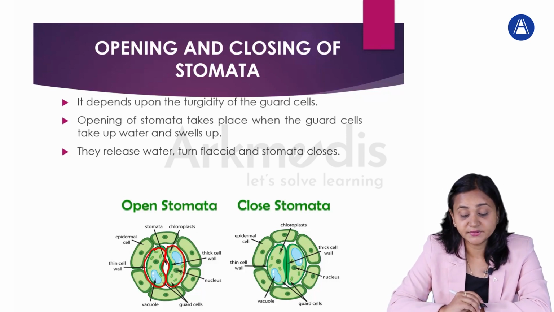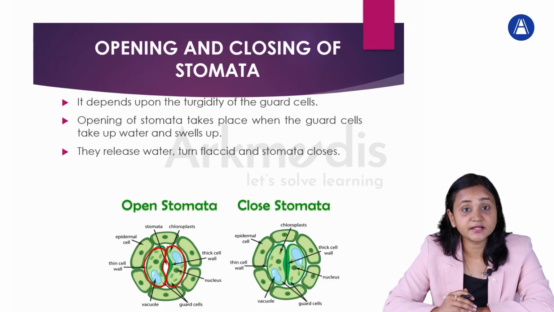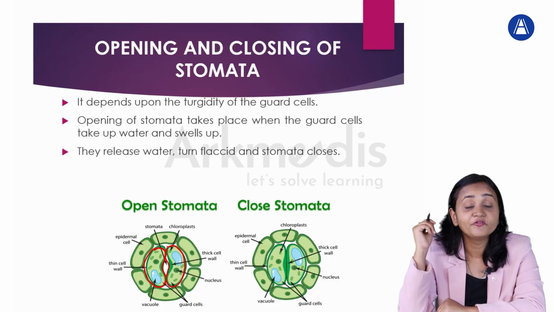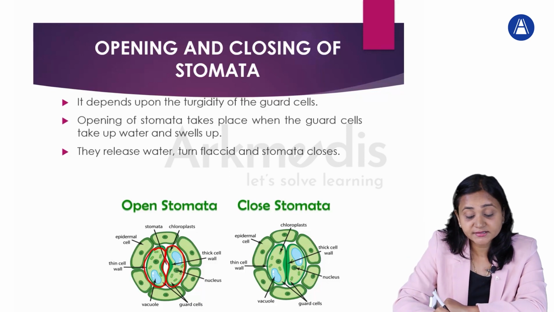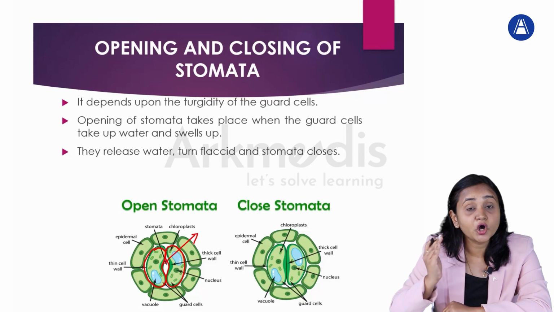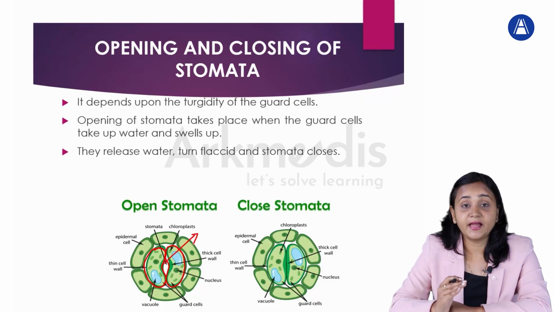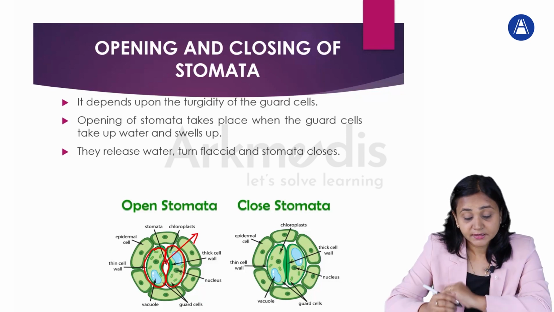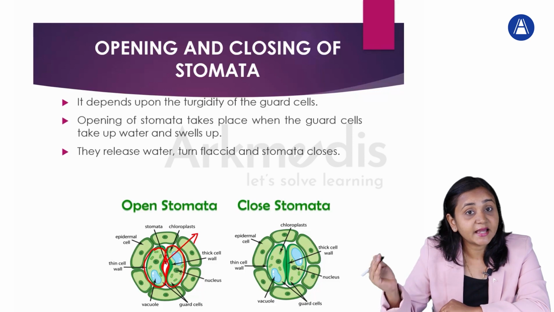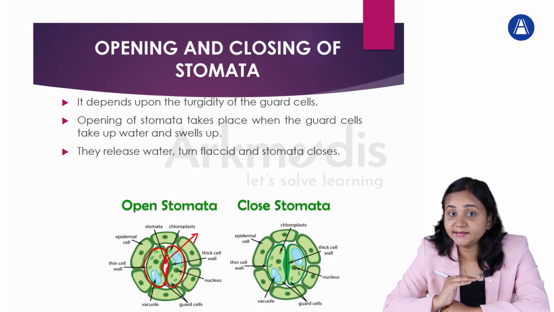Now, what happens when the stomata opens up? It allows the inward movement of air. Now, when does it open up? It opens up by absorbing the water and it swells up, resulting in the formation of a pore. And in this pore, the gases are allowed to enter.